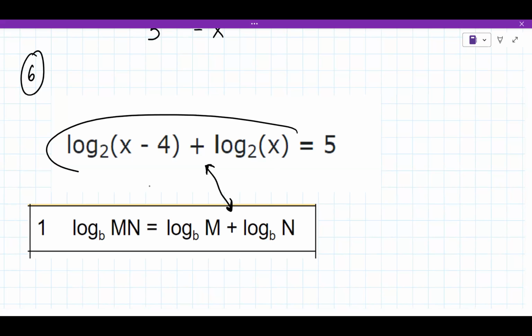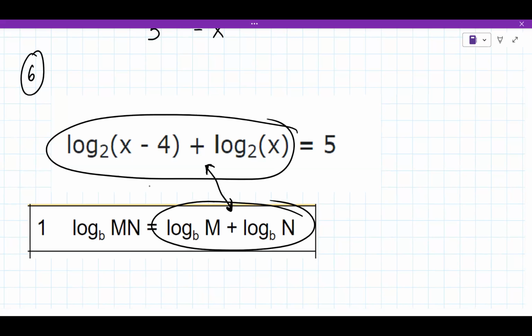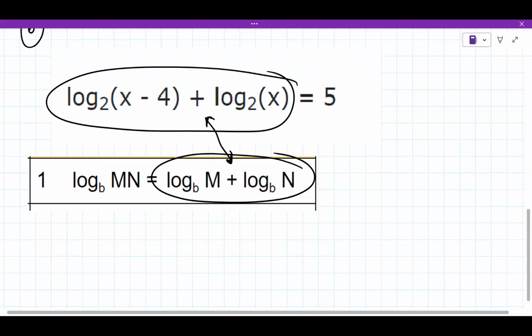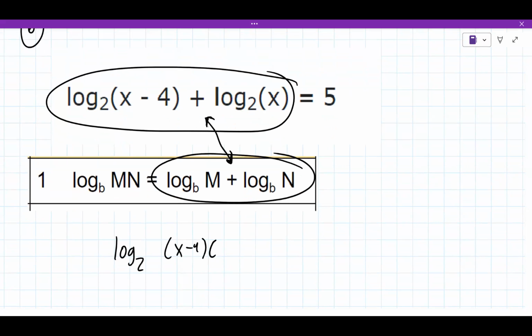So everything that I'm circling on the right becomes log base 2 of x minus 4 times x, and that's all inside the logarithm. The words we use is that a sum becomes a product, sum to product. You'll see that again in pre-calc trig, sum to product.